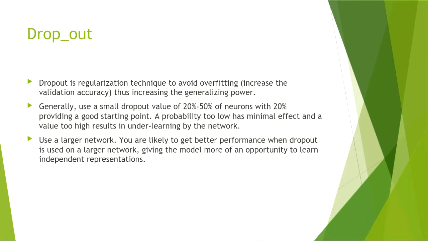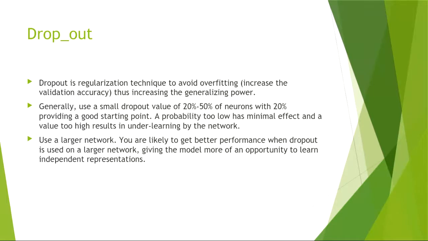So there can be the problem of overfitting and the problem of underfitting. These two problems can arise, and that's why you keep this dropout value between 20% to 50%.